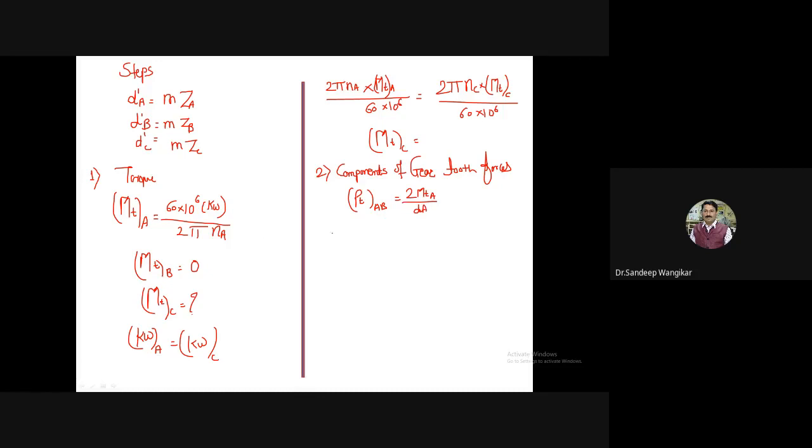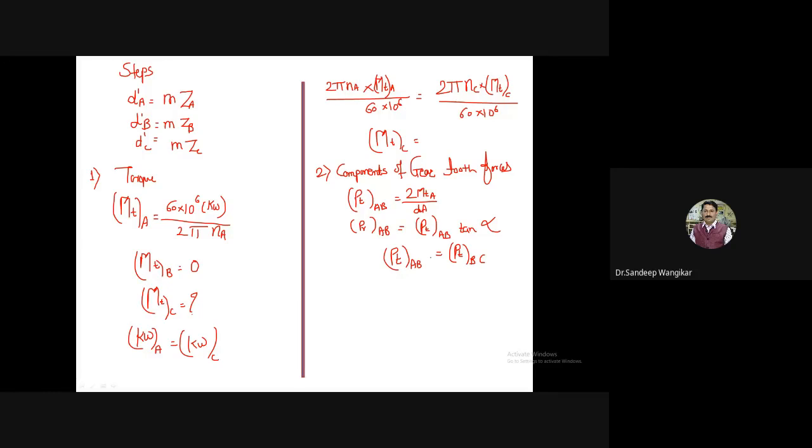You can easily calculate that, and PRAB is equal to PTAB into tan alpha. So you can easily calculate this also. As gear B is an idler gear, whatever torque it receives from A, it is directly transmitting to C. So here I can conclude that as torque is the same and radius is the same, directly I will say PTAB is equal to PTBC. This I will explain once again.